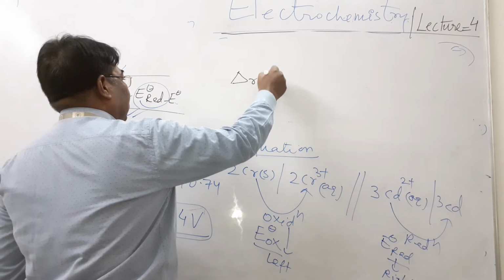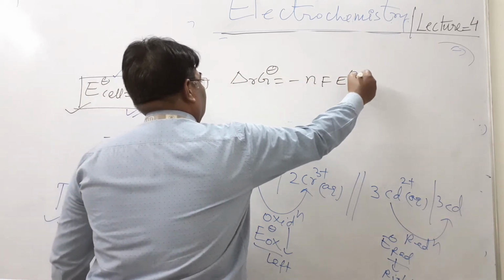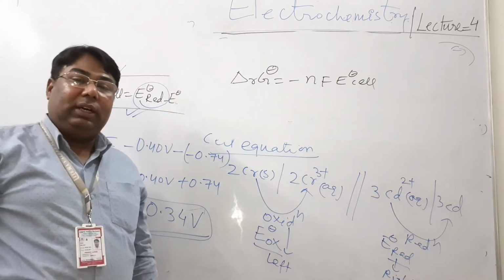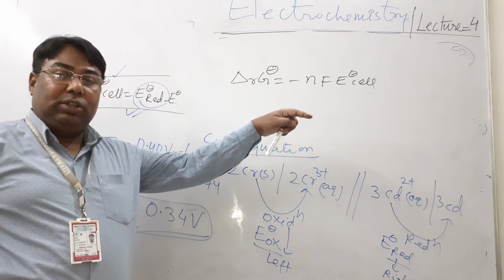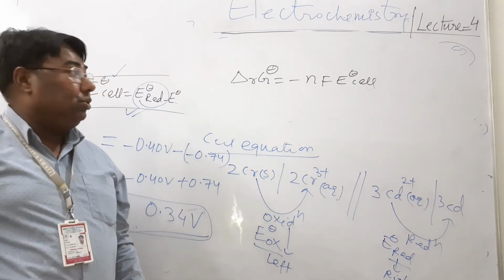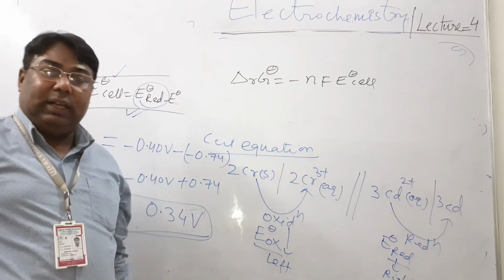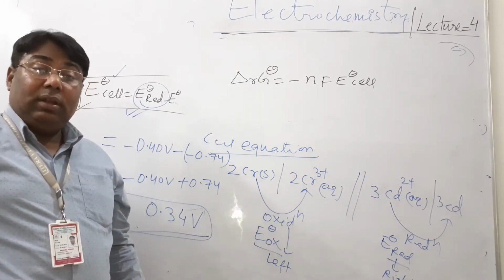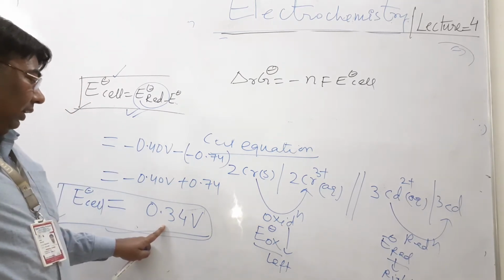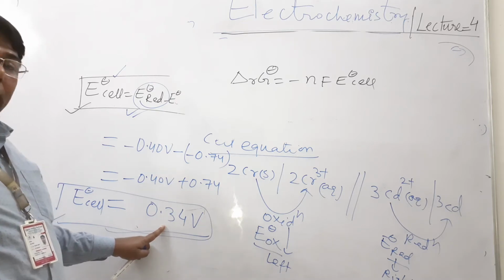Del G naught is equal to minus nF E naught cell. All of you are familiar with n, F and E naught cell, but once again I explain. n is the number of electrons oxidized or reduced, F is the Faraday constant, and E naught cell is the standard cell potential, which you have already found. Understand? Any problem?